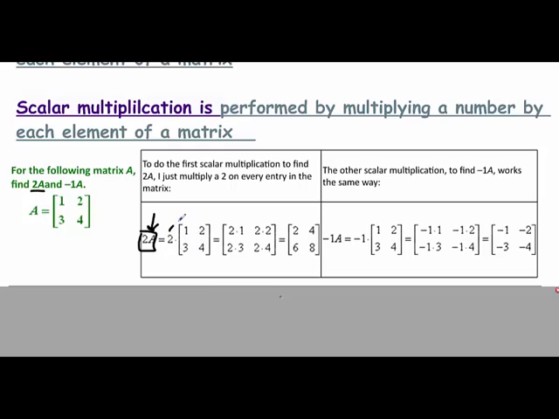And to multiply it by a scalar of 2, we're just going to distribute that 2 to everything inside of it. 2 times 1, 2 times 2, 2 times 3, 2 times 4. And of course, 2 times 1 is 2, 2 times 2 is 4, 2 times 3 is 6, 2 times 4 is 8. So we get this nice nifty answer matrix here.